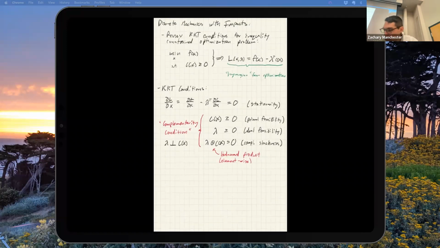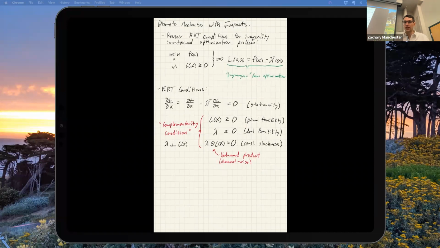Okay, so this whole set of things, the complementarity conditions, basically encodes switching behavior, right? We talked about it in the optimization context, it encodes on-off switching of active constraints, whether on the constraint surface or not.